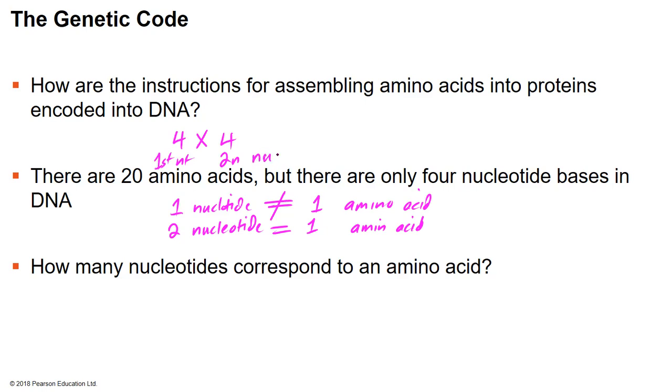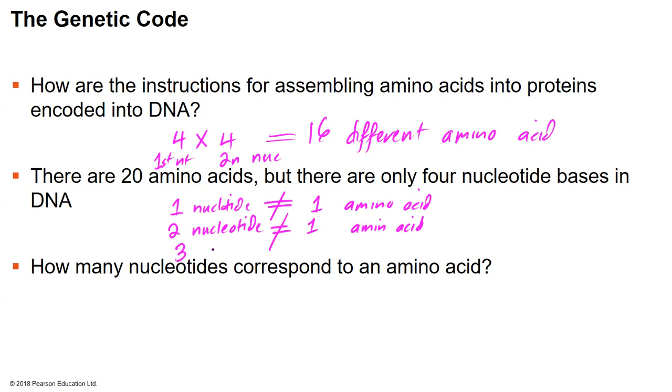In this case, we have 16 different combinations. So if each amino acid requires 2 nucleotides, we will have only 16 different amino acids, and this is still not enough to encode the 20 amino acids.